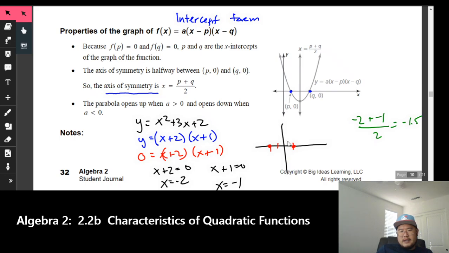So what they're saying is right here at negative 1.5, let's try this.